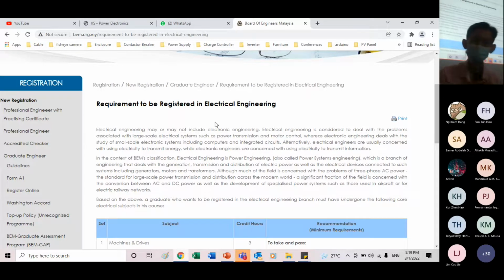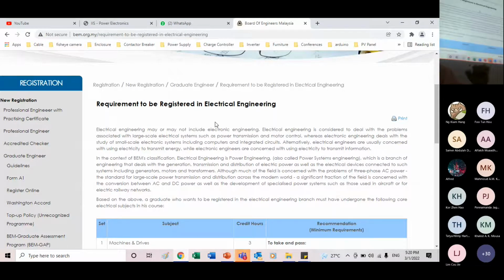The reason is this is under the BEM regulation. If you are registered as electrical, you can do all sorts of electrical engineering work, including electronics, including submission to government, including your IR certification.